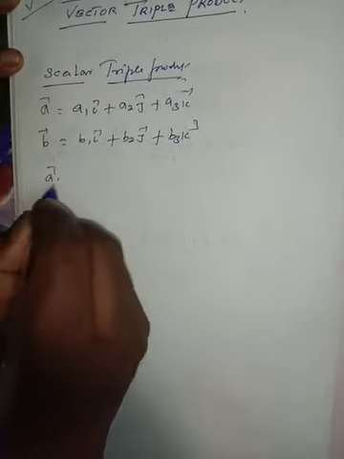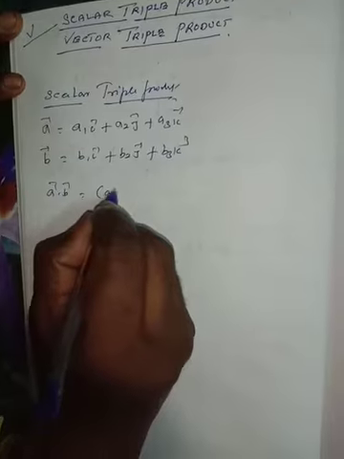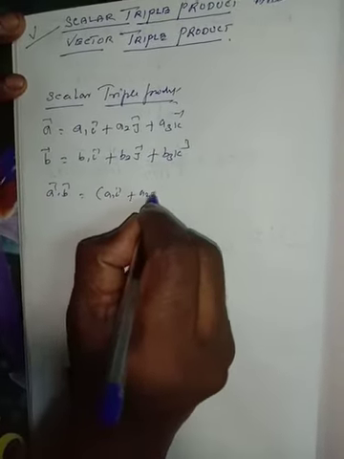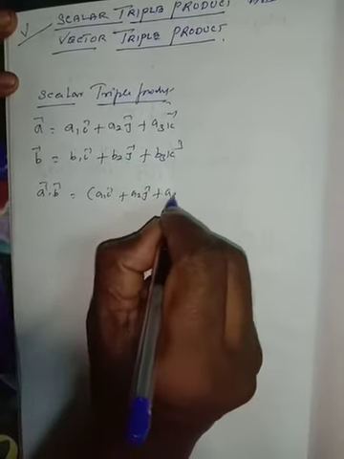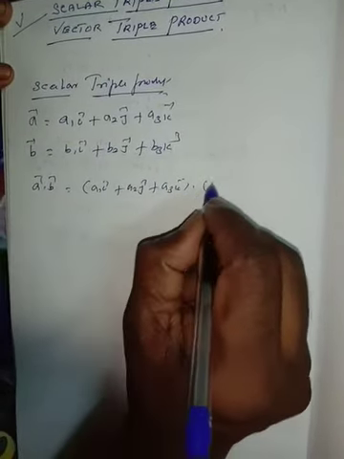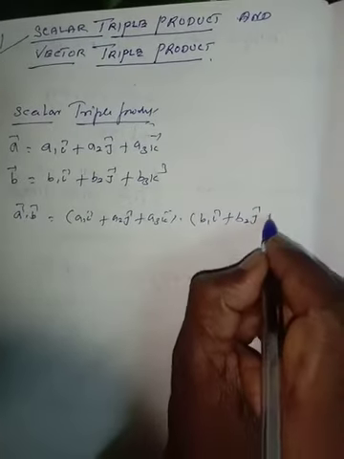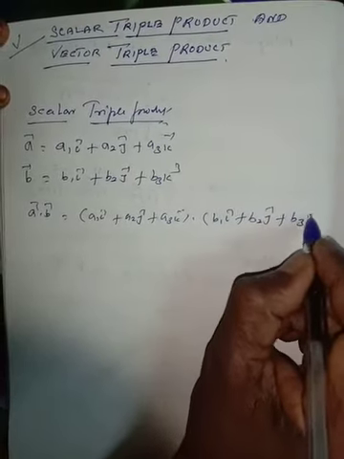a vector dot b vector is equal to a1 i vector plus a2 j vector plus a3 k vector dot product of b1 i vector plus b2 j vector plus b3 k vector.